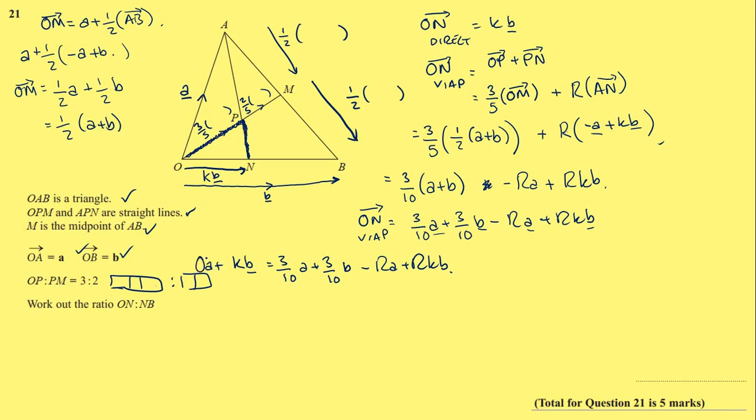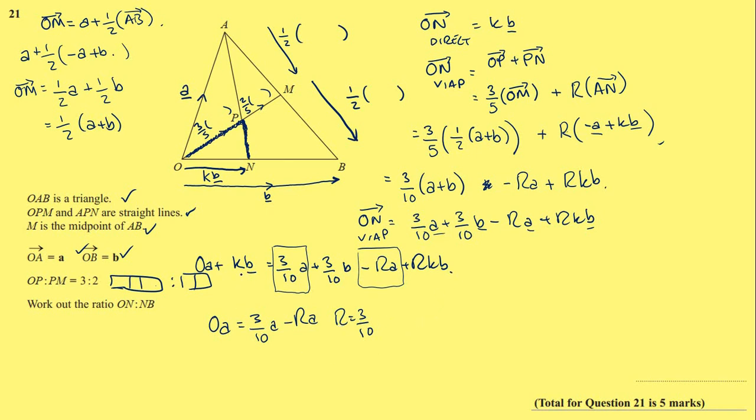I've got 0 A's. There's none of them. So what I know is that this term here and this term here, because they're the only ones with A's in, must add up to make 0. 0A must equal 3/10 A minus R of A. So that tells me that R is equal to 3/10. Okay, 3/10 take away 3/10 would be 0. So R is equal to 3/10.